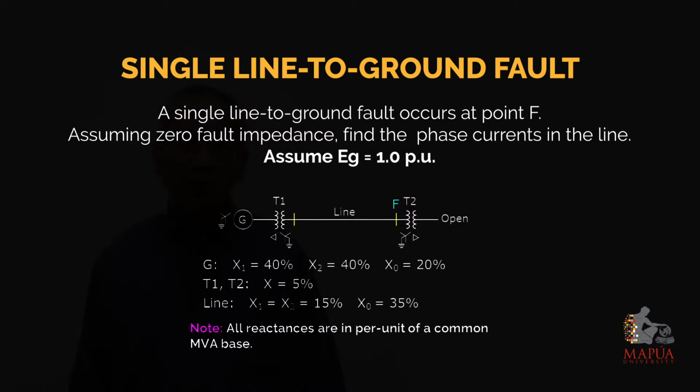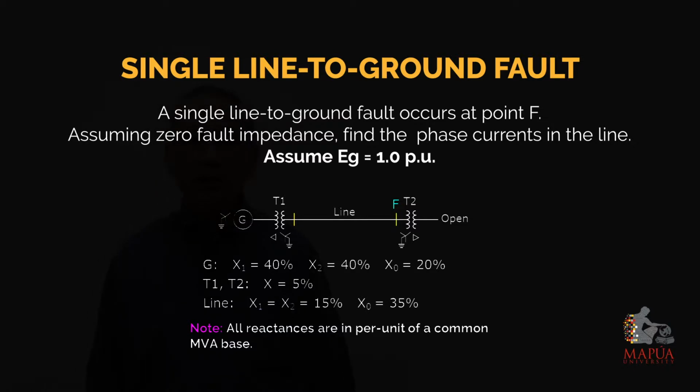Assuming zero fault impedance, find the phase currents in the line, assuming that the voltage at the generator is equal to 1.0 per unit. These are the given data for the generator. The positive sequence reactance is 40%. The negative sequence reactance is 40%. The zero sequence reactance is 20%.